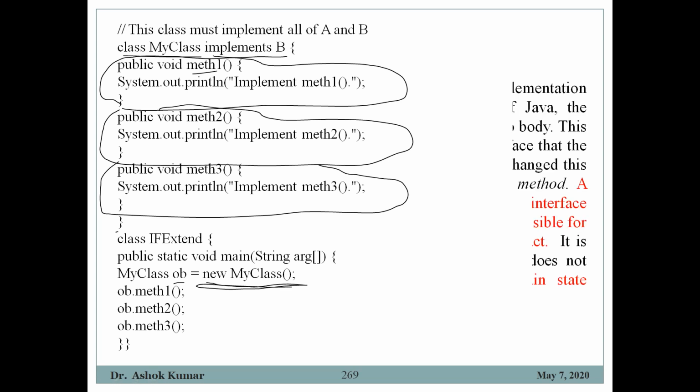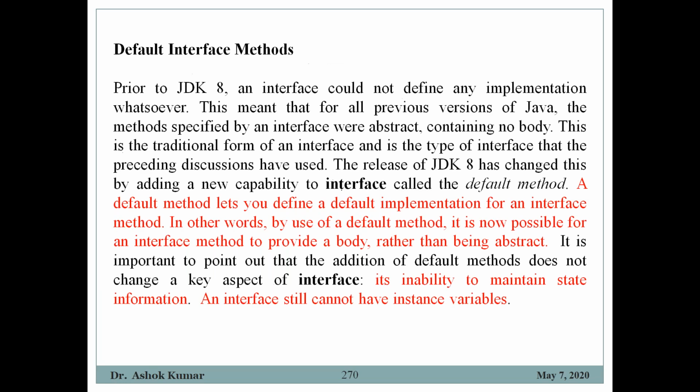Then the next is default interface methods. Before JDK 8, an interface could not have the definition of a method. You could just declare the methods in the interface, but in JDK 8 and the later versions of JDK, you can even write the definitions of the methods in the interface itself.